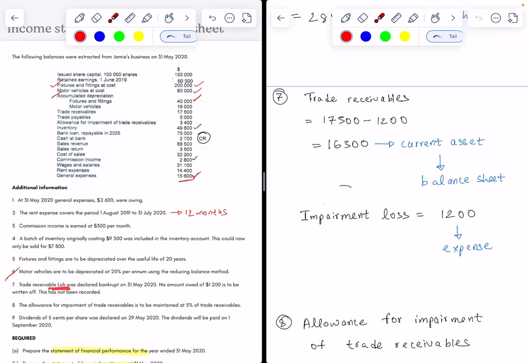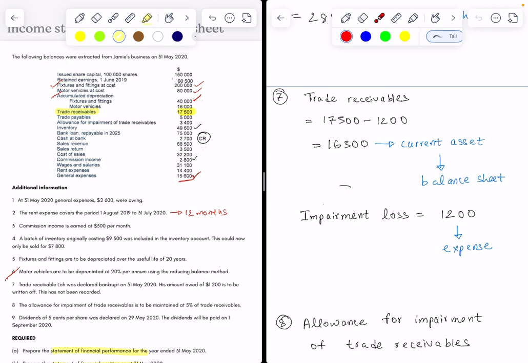Trade receivable loan was declared bankrupt on 31st of May 2020. The amount owed of $1,200 is to be written off. This has not been recorded. So if we check the amount for total trade receivables, which we have been given, you will see that total trade receivables was $17,500, which I'm highlighting in yellow in the question.